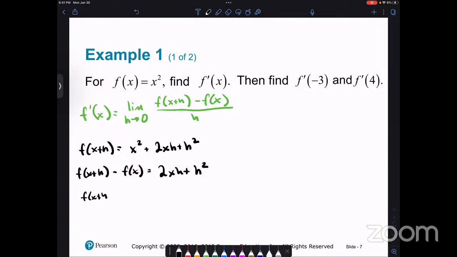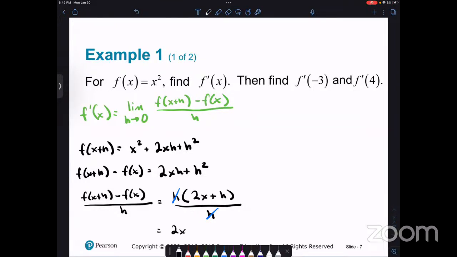Now if we want to look at f of x plus h minus f of x over h, we can factor out an h from the numerator. We're going to have h times 2x plus h, and on bottom we're going to have h. If anything is not clear, just stop me. So then this is equal to 2x plus h, right? Now I'm just going to keep working over here. Let's take the limit as h goes to 0.